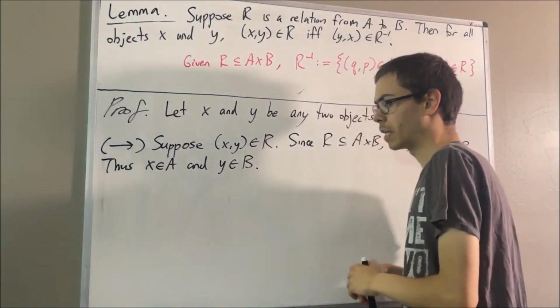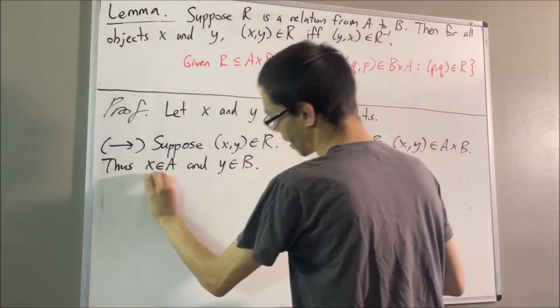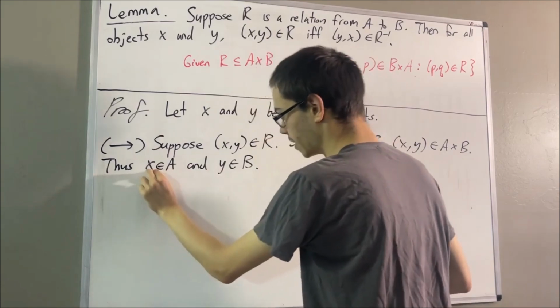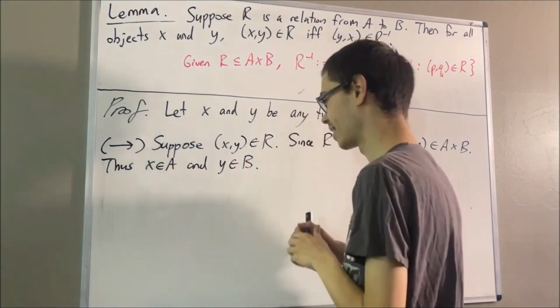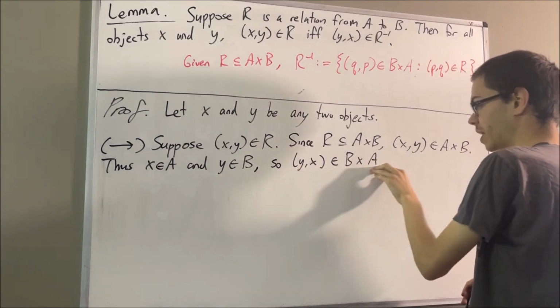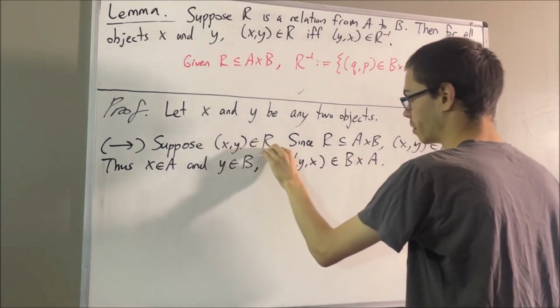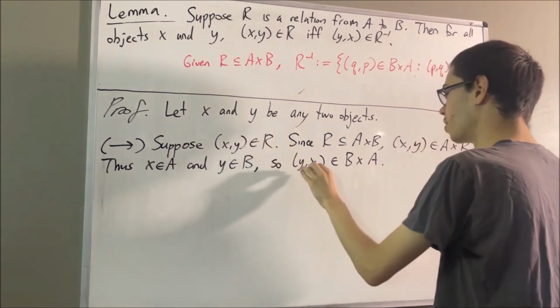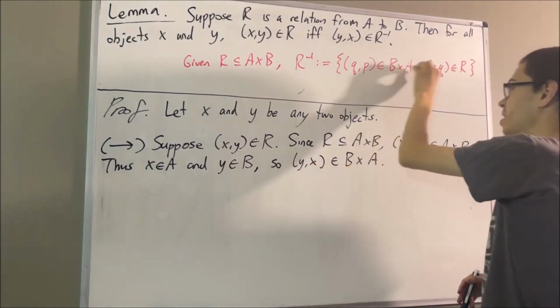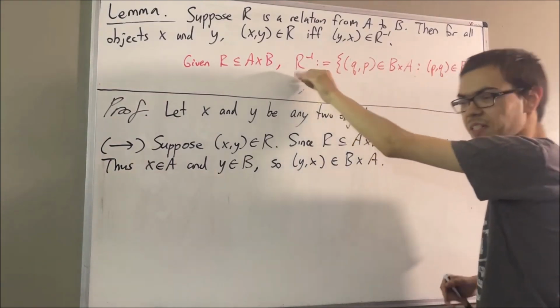And from the observation that y is an element of B and x is an element of A, we have that the ordered pair y comma x is an element of B times A. So notice we have that y comma x is an element of B times A, and x comma y is an element of R. So, the ordered pair y comma x satisfies all the requirements to be an element of R inverse, right?